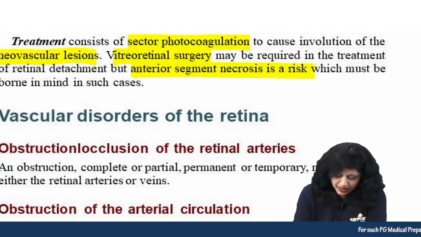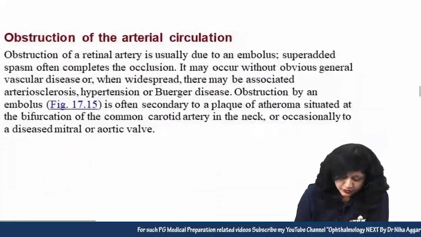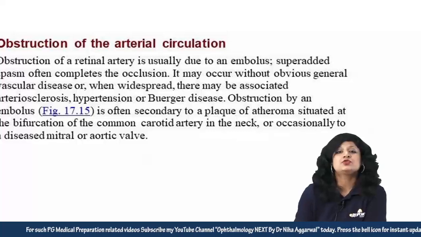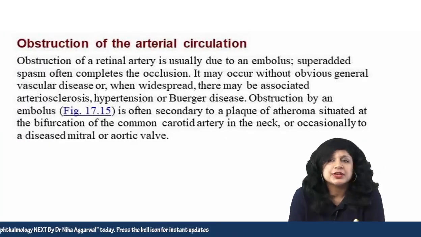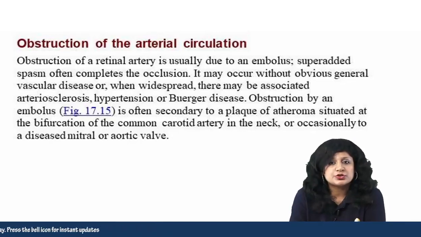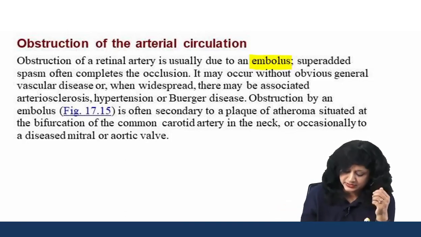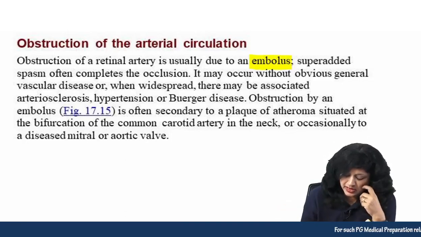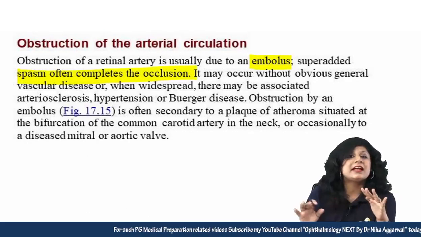Alright, now we are talking about the vascular disorders. In the first one, we are going to talk about the obstruction of the arterial circulation. It is due to an embolus, and this embolus can cause a superadded spasm, which often completes that occlusion.